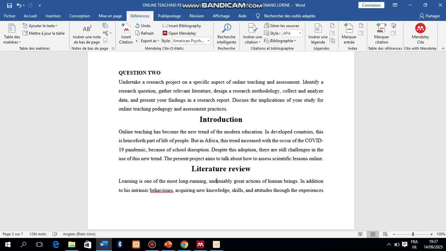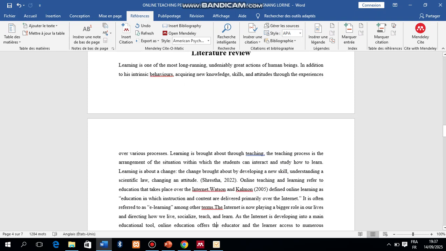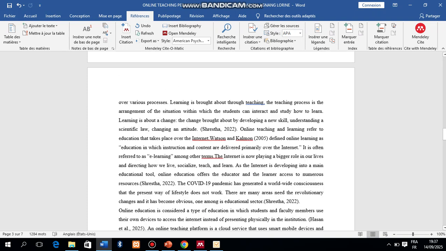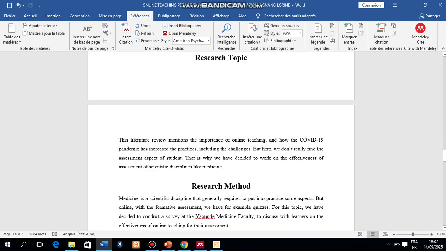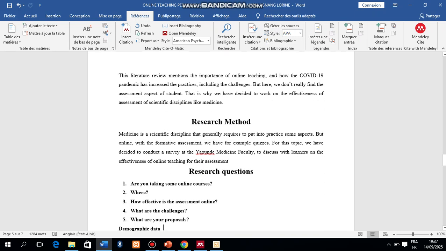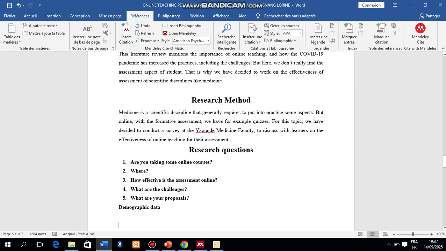So we have decided to work on the assessment of scientific disciplines like medicine, how effective this assessment can be online. So we have first the introduction. Here we have a literature review. Here this is our research topic. Here is the research method.